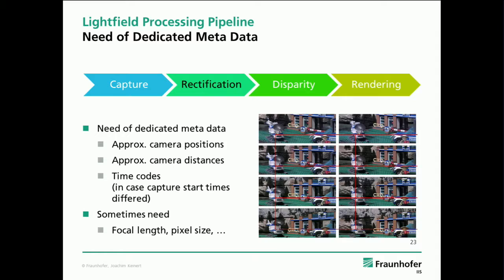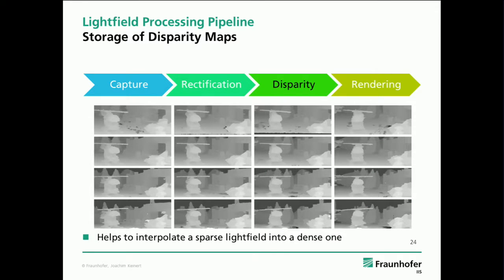Of course, we also have to add metadata to this because, at least it helps if you know which positions the cameras have, how many cameras you have, what the distances are, what the time codes are, what the focal length is, the pixel size, and so on. And it helps then to interpolate or to calculate a dense light field from a sparse light field.